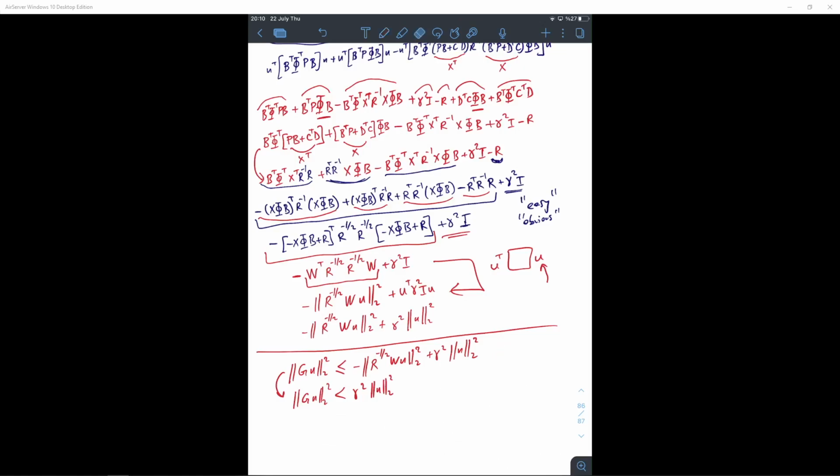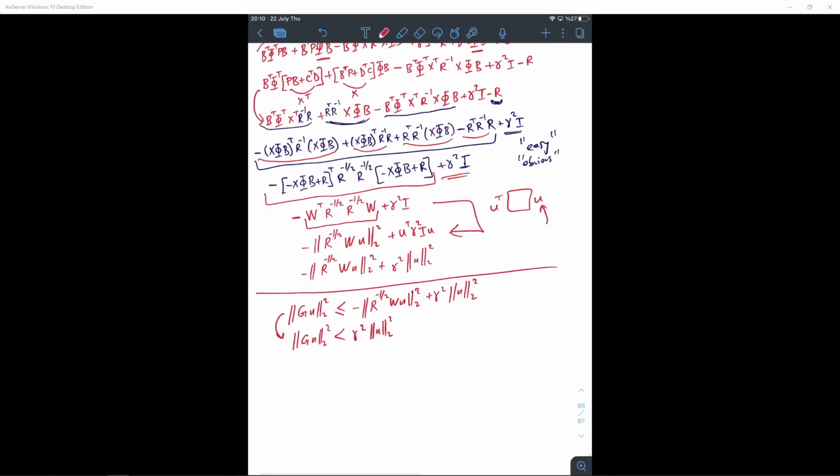and this is like the magic thing, because G u, right, this is square root of each term.